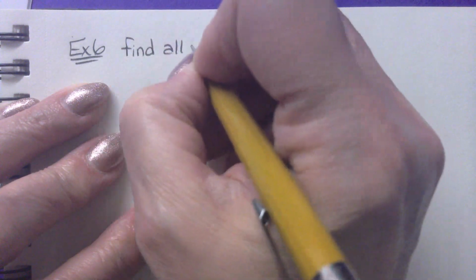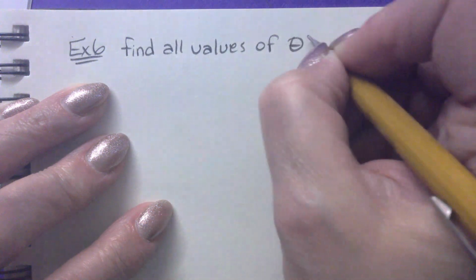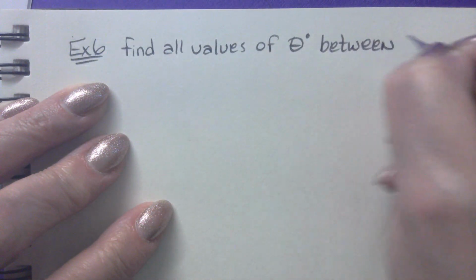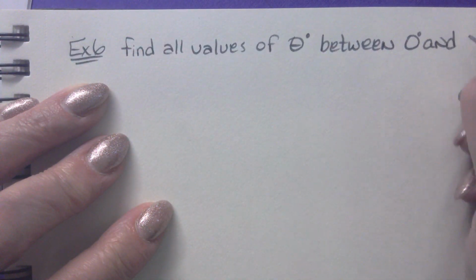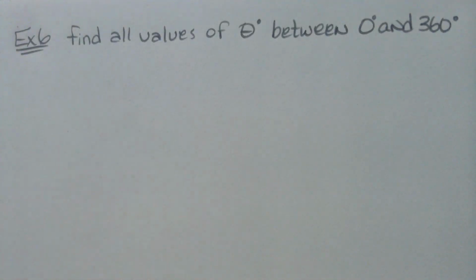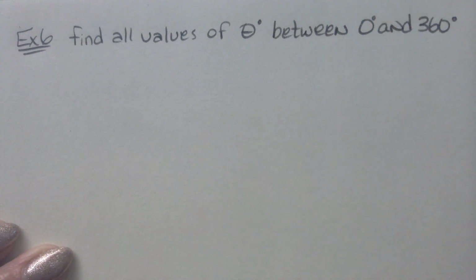It says find all values of theta between 0 and 360 degrees. They could have written it as that little domain thing, but they just wrote it like that.